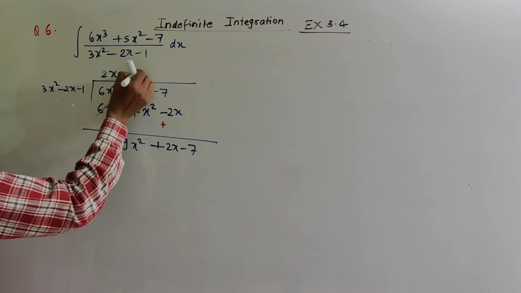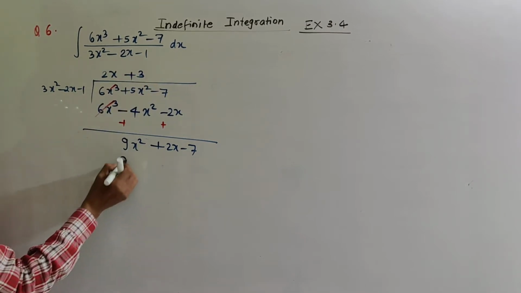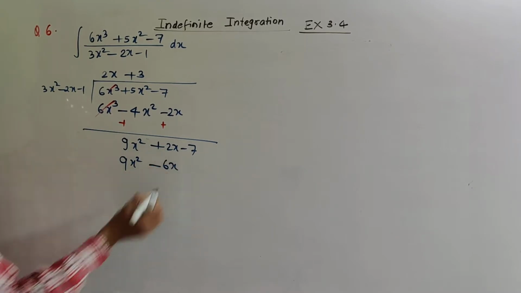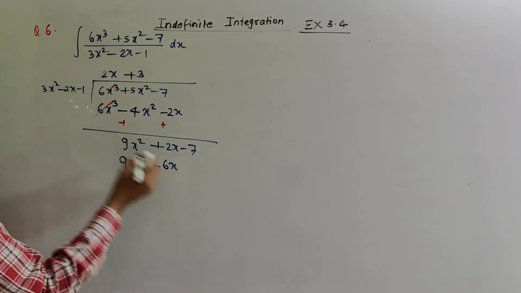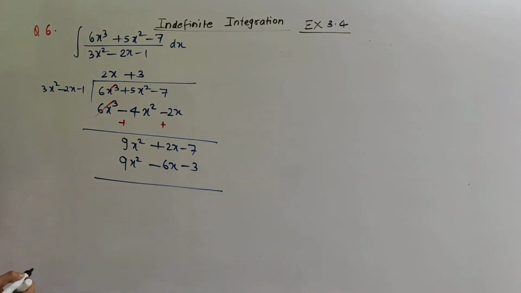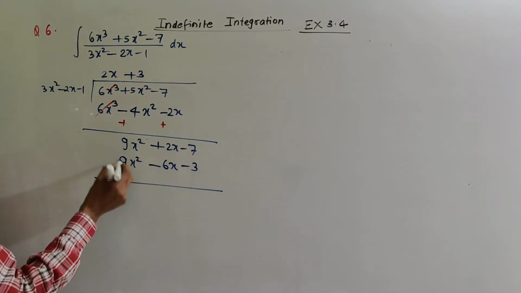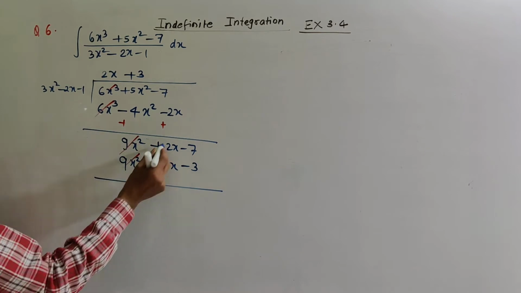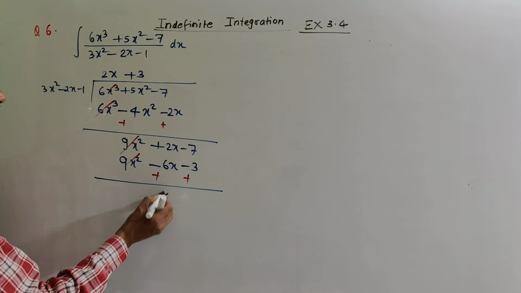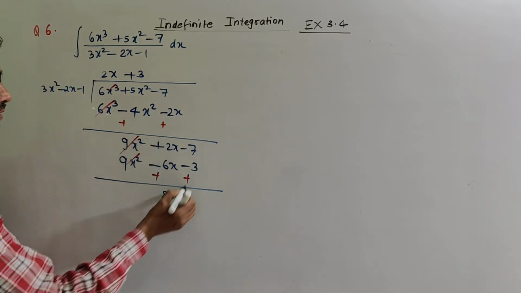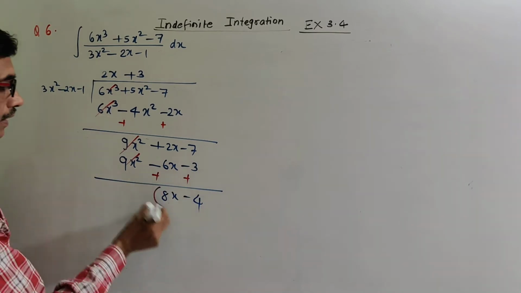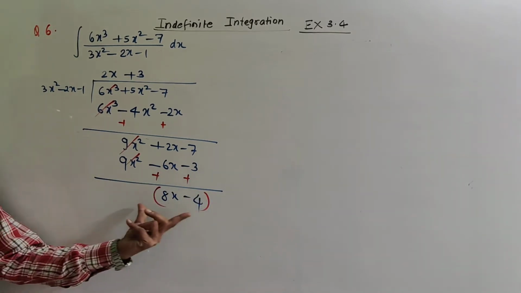So we multiply by 3 so that 9x square and minus 6x minus 3, which is again getting cancelled and here plus sign is there. So which is 8x minus 4, is the remainder.